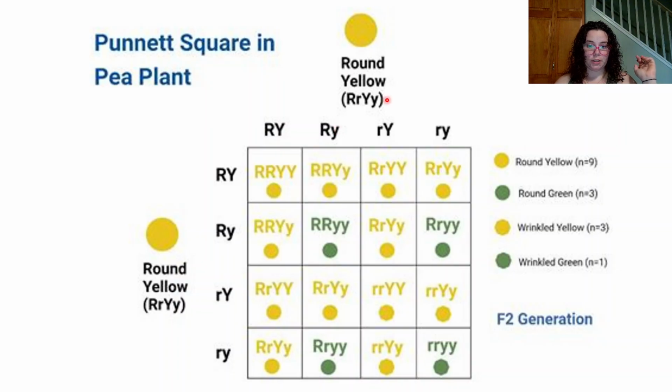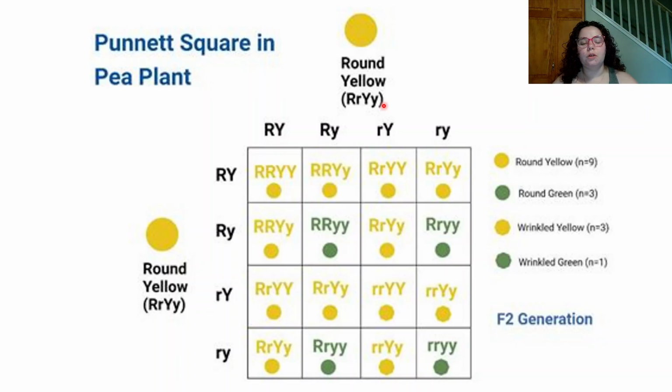So we've got 4 letters here. We should have 4 rows, because big R, big Y is an option, but little r, big Y is an option, right? And big R, little y is an option, because now we've added double the genetics.